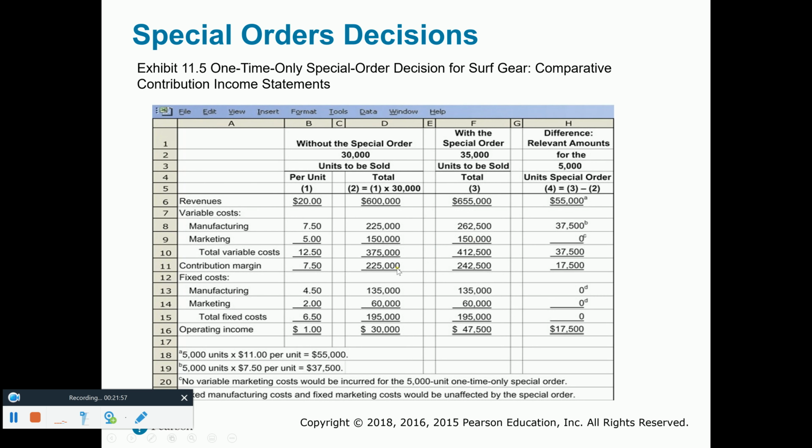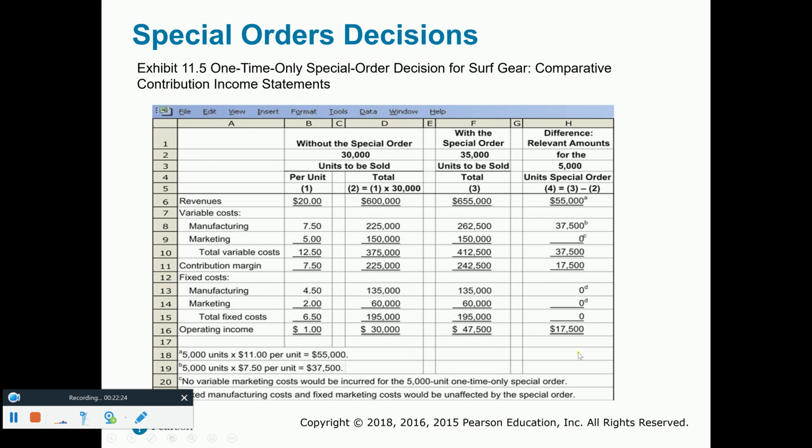All right, so what's happening? Our contribution margin is going from 225 to 242. The fixed costs remain the same, regardless if we accept the special order or not. All right, so that means the difference or the relevant costs, this last column, are the difference between alternative 1, which is don't accept the special order, column D, and column F, accept the special order.